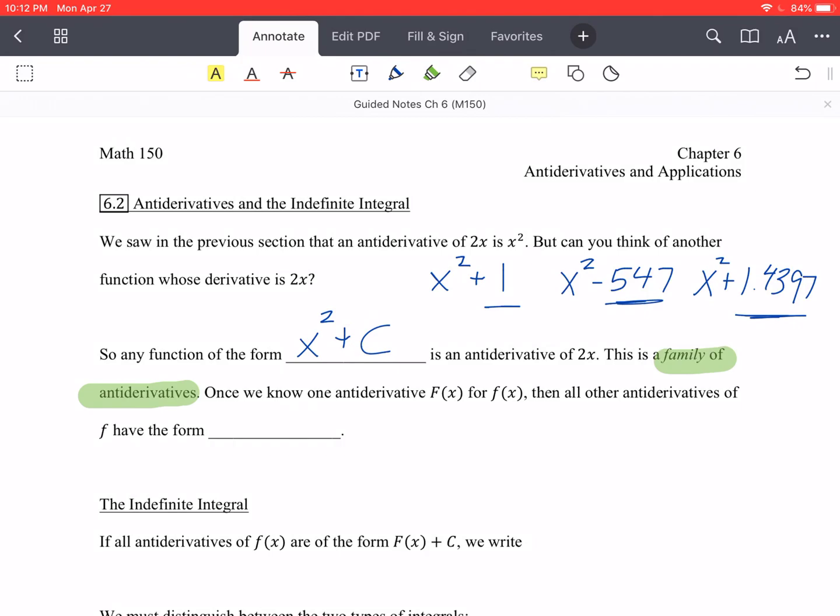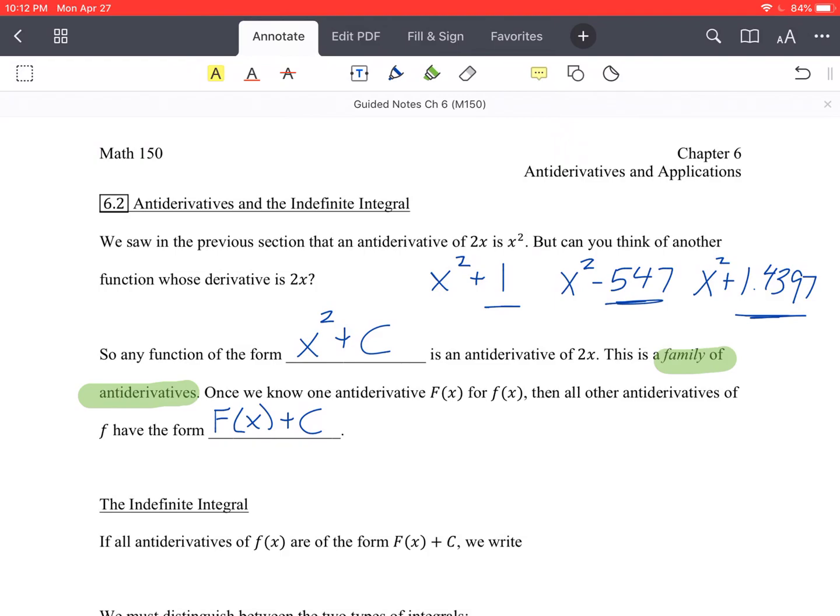Once we know one antiderivative, big F of x, all the other antiderivatives have the form big F of x plus c. Just like with 2x and x squared, once I know that one antiderivative of 2x is x squared, I can get the entire family and say it's just x squared plus c.